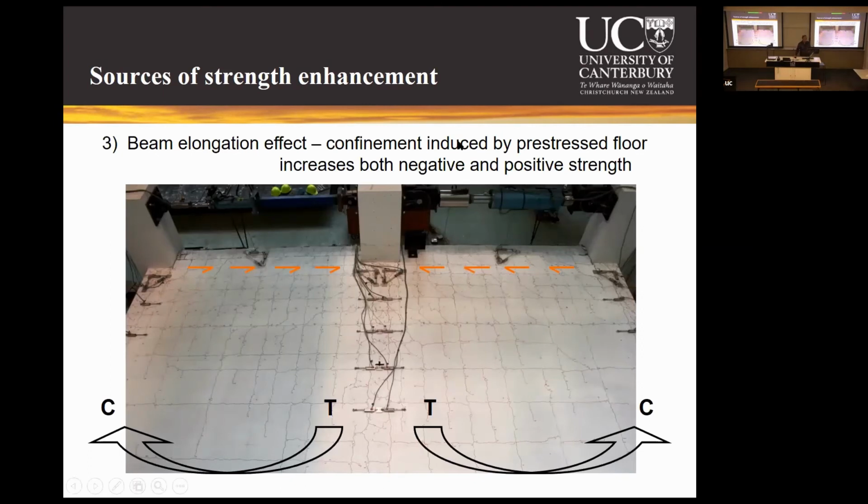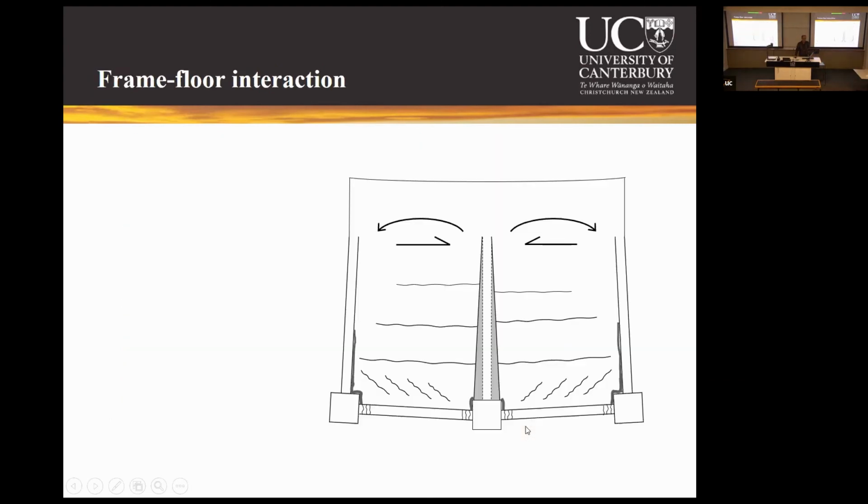In the beam elongation effect, the beams forming the plastic hinges try to elongate, and the precast ribs spanning in this direction try to confine it because they are axially stiff. That creates some axial force, and these axial forces enhance the beam strength much more than what you anticipate in your design, because axial compression does increase the flexural capacity. So these were the three mechanisms.